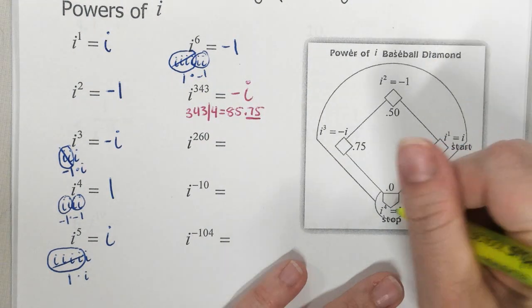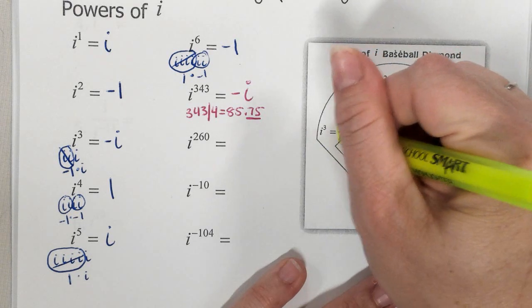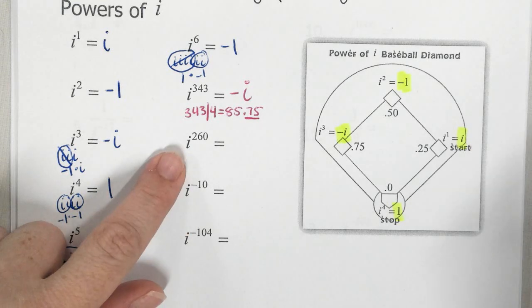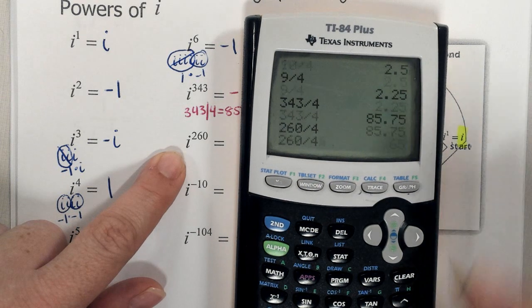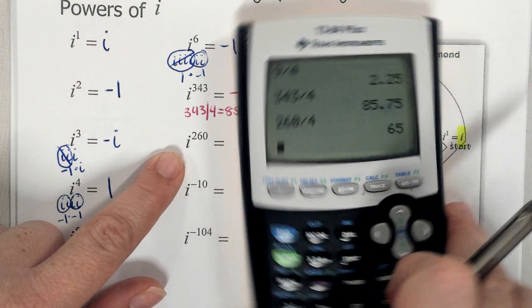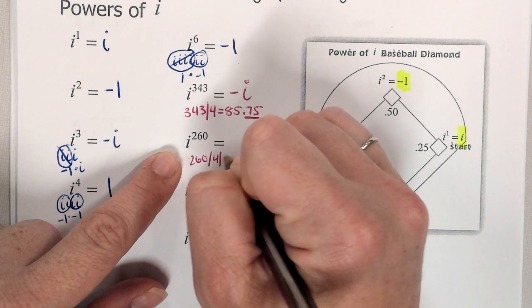So your answer options are 1, i, negative 1, and negative i. So if we do this next one, 260 divided by 4, what is my decimal? Well, if there is no decimal, what's your decimal? No, it's 65. So 260 divided by 4 is 65.